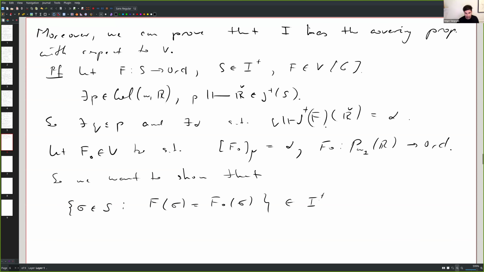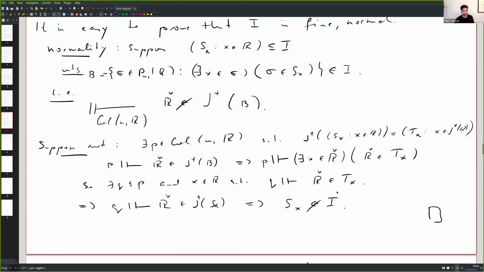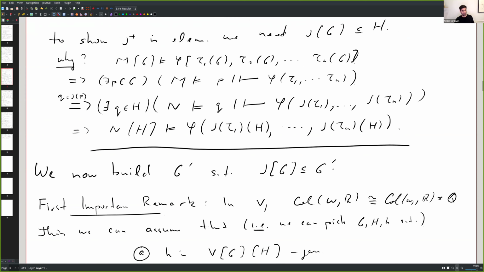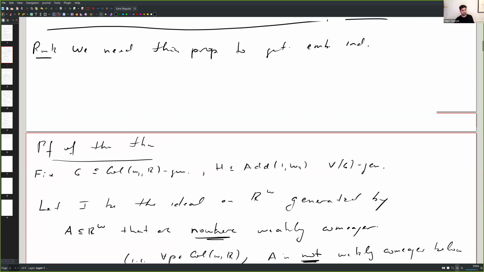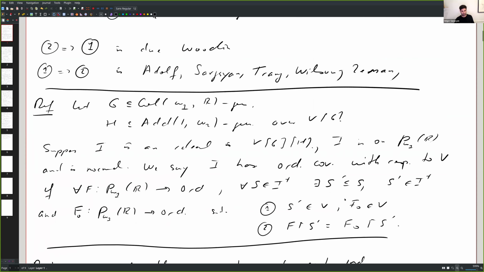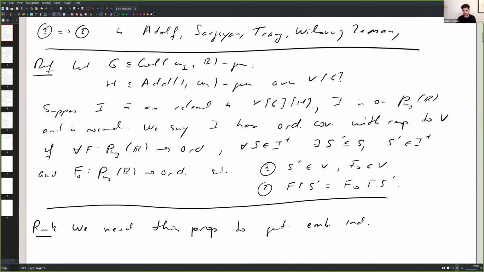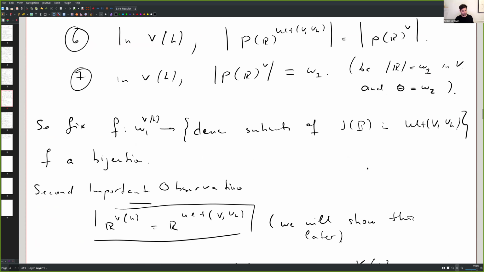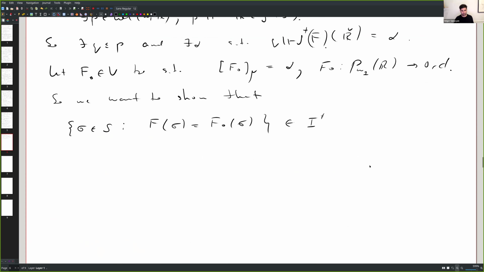By the way, I think I made a mistake in the definition of ordinal covering. Only F0 should be in V. S prime does not have to be like this. So we want to show that the places where these two functions agree is I positive.